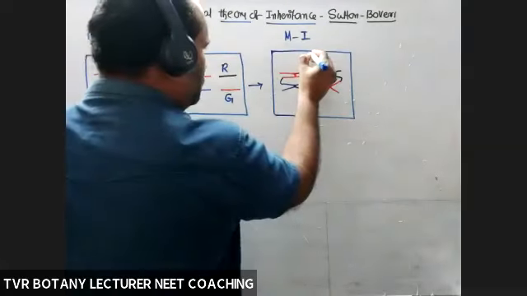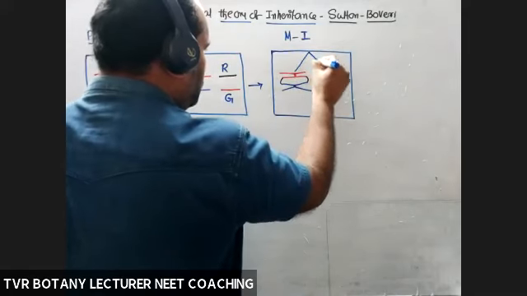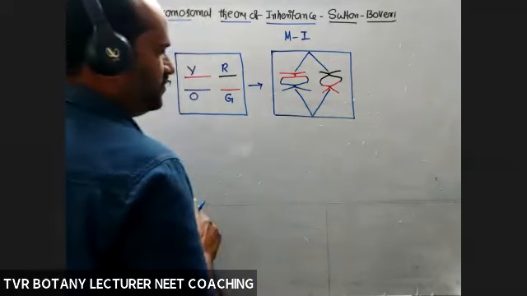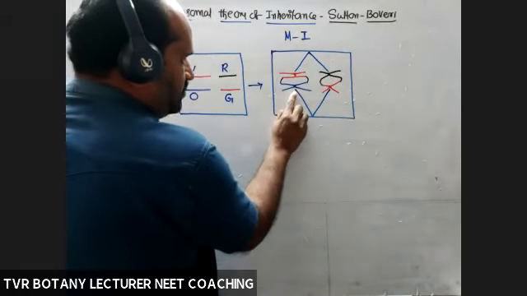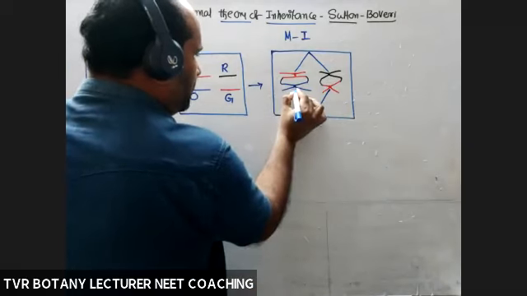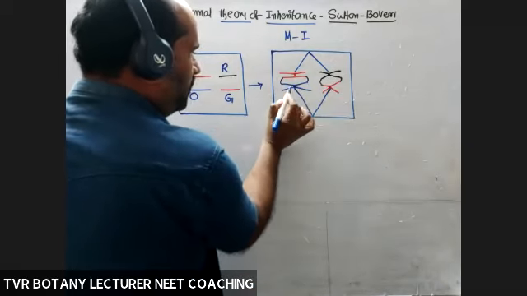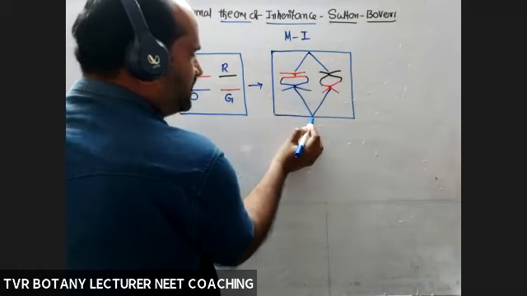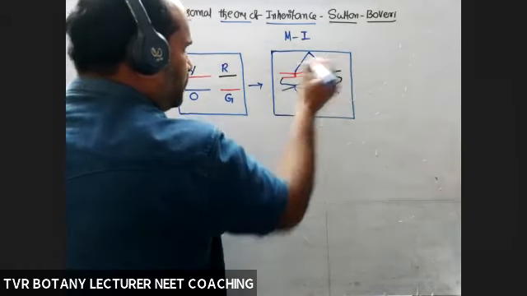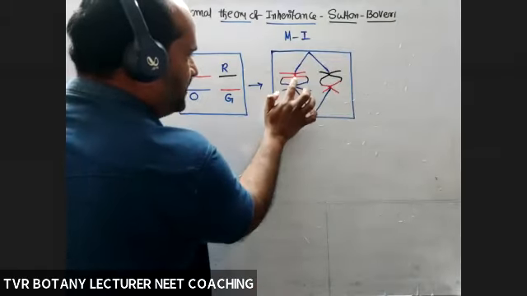Now, formation of a bipolar spindle apparatus. So now this microtubule is attached to the kinetochore of that centromere towards the pole only. Here also towards the pole only. But what about towards the equator?